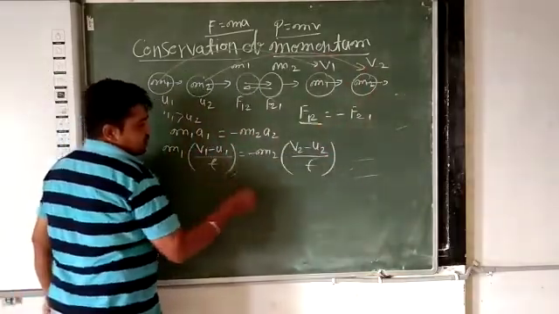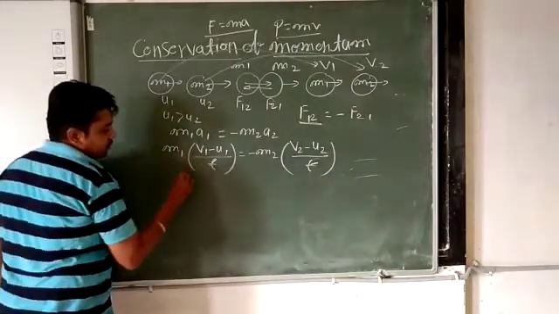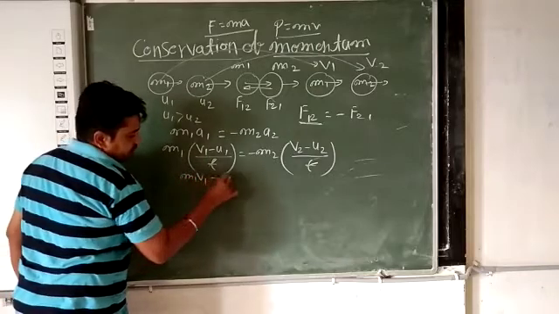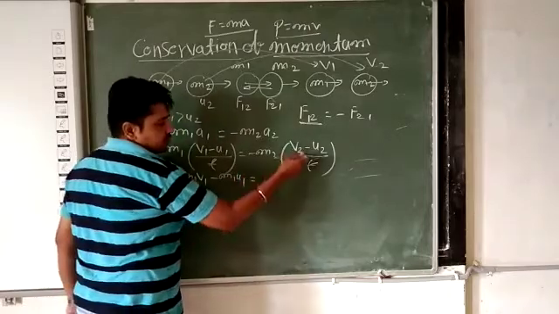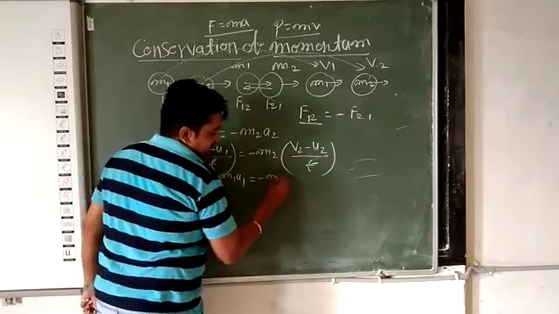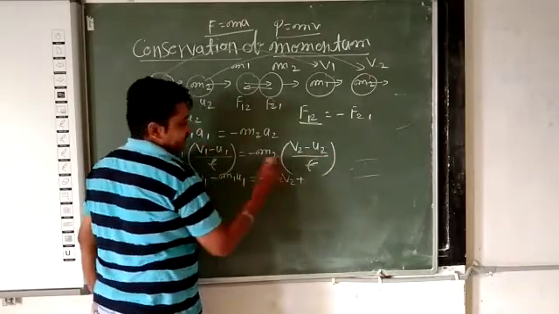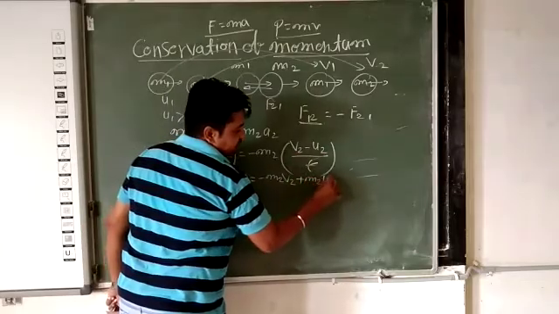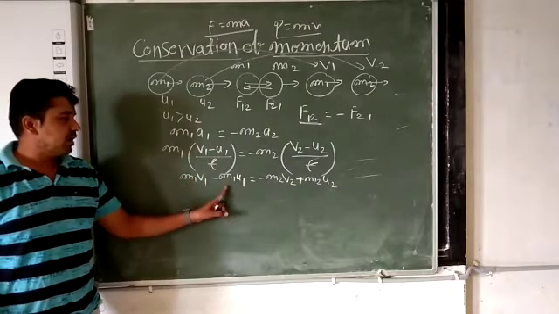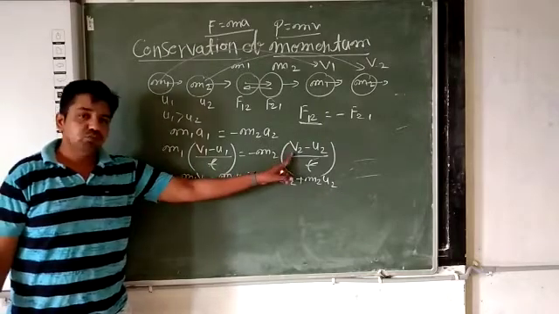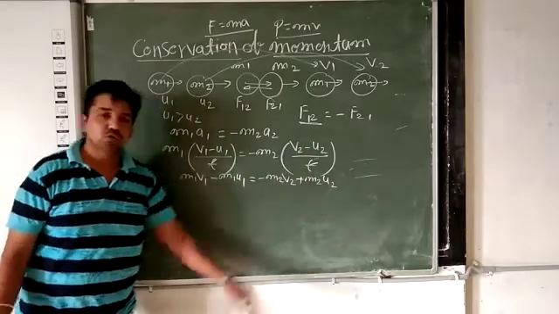In this equation t and t are the same, so just open the brackets: m1 v1 minus m1 u1 is equal to minus m2 v2, and minus times minus is plus m2 u2.